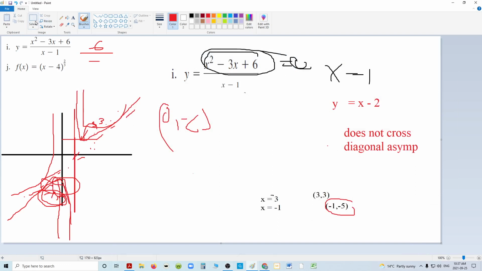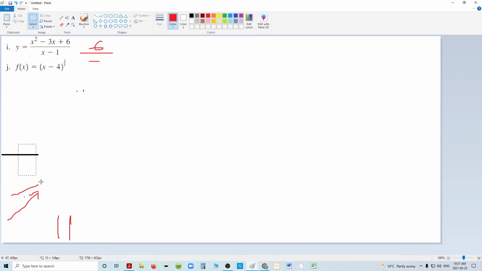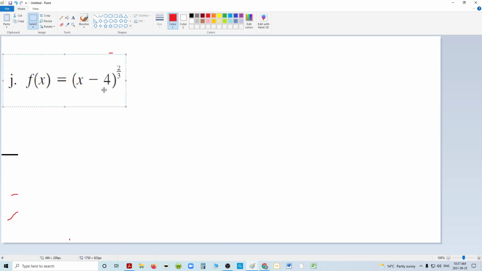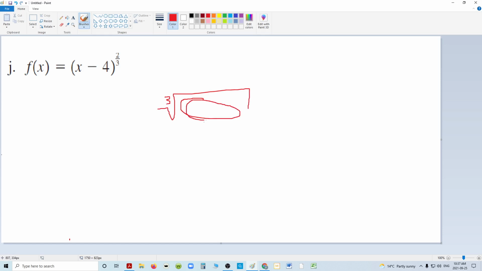Let's look at this one. This is exactly what I was talking about. This is a cube root. And the cube root, even though it's squared as well, essentially, you're taking the cube root of the inside and then squaring it. As we learned, the cube root produces something like that. And that's because if you look at it in writing, with a cube root, I can have a negative result.